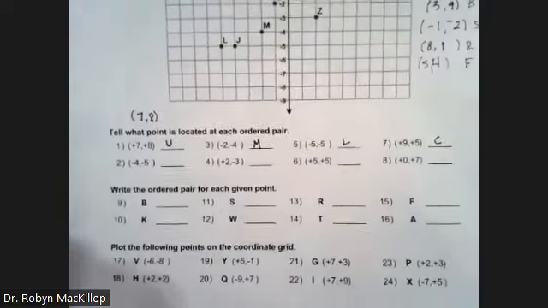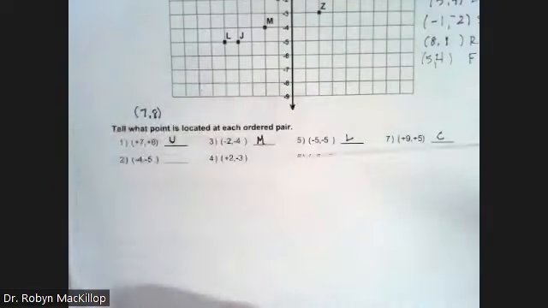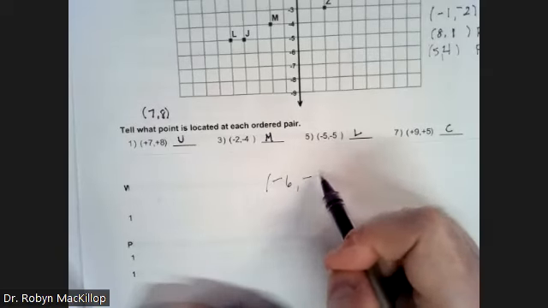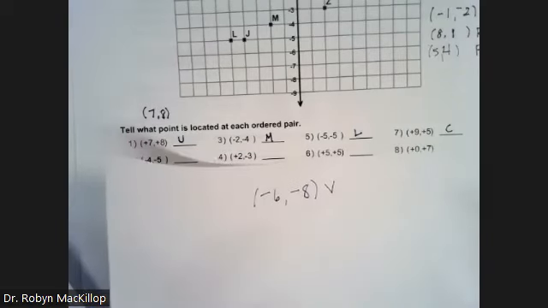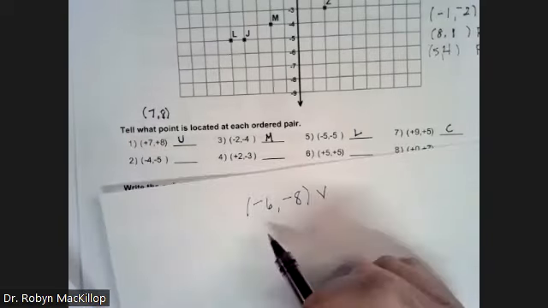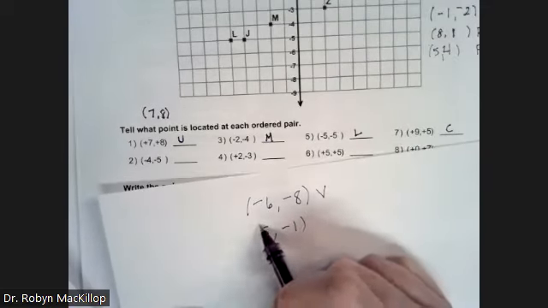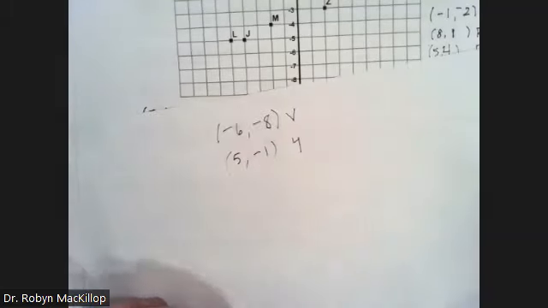And the last part of this particular sheet is you putting in the coordinate. So for V, they're giving us -6, -8. Write these down. It's easier if you can see them better. -6, -8 will be V. And then we'll do 5 and -1 for Y. 5, -1 will be Y. And G will be 7 and 3.